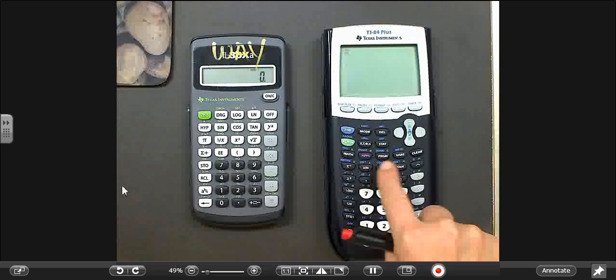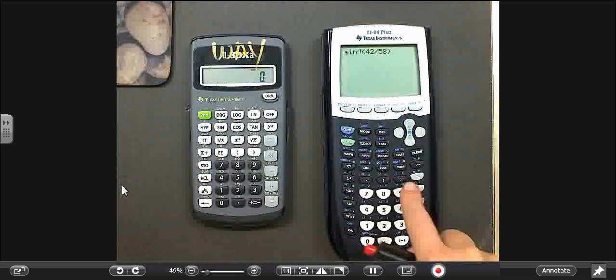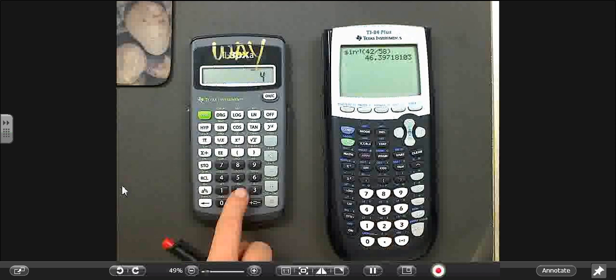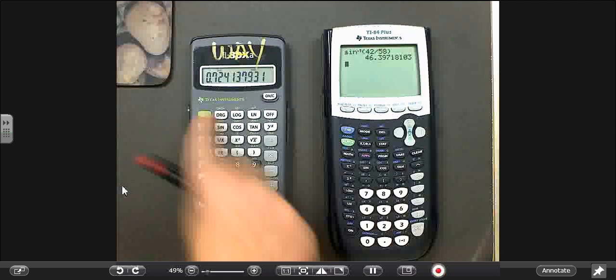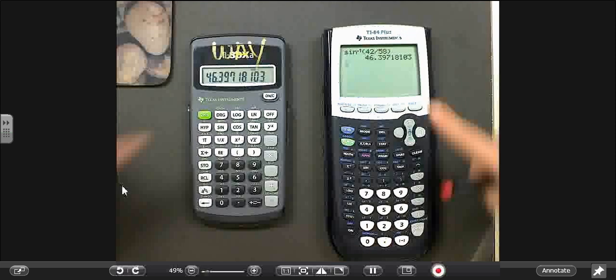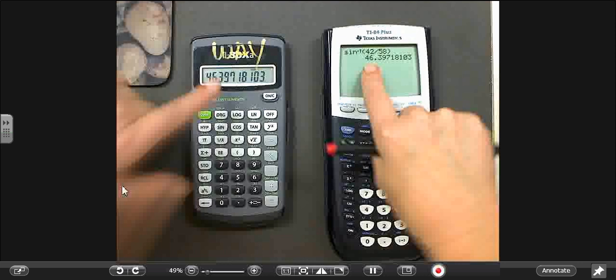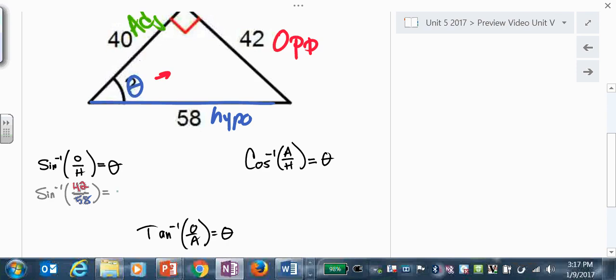Second function, sine, 42 divided by 58. This one, you do 42 divided by 58 equals second function sine. You should be getting the same thing. That is 46 degrees.